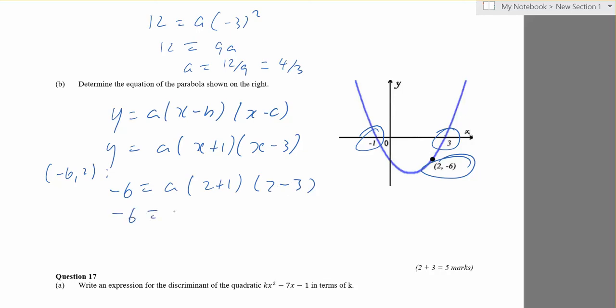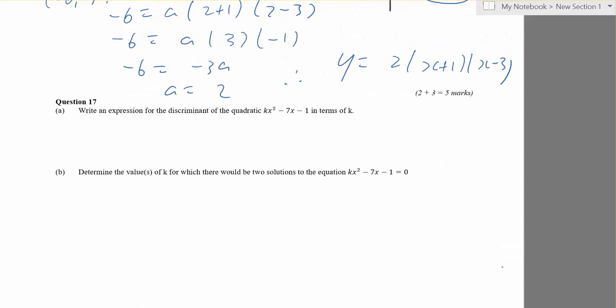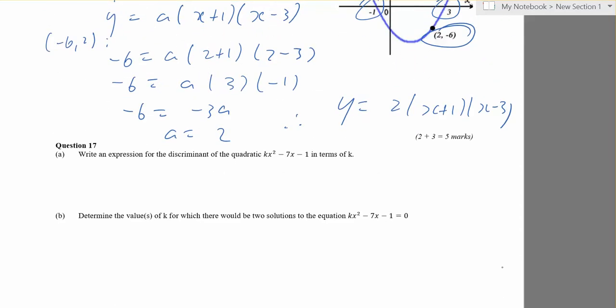So -6 equals a by 3 by -1. -6 equals -3a, a equals 2. So therefore your equation is y equals 2(x plus 1)(x minus 3). Done.